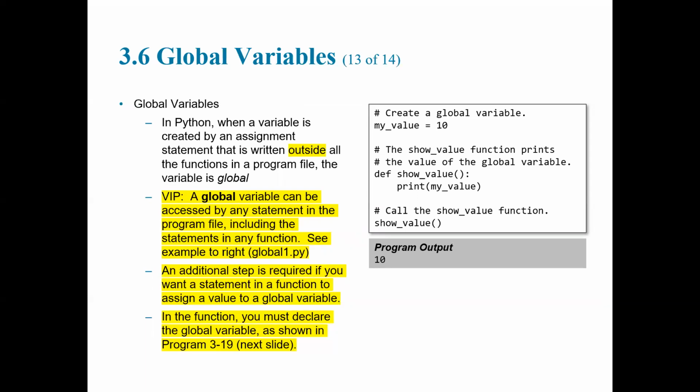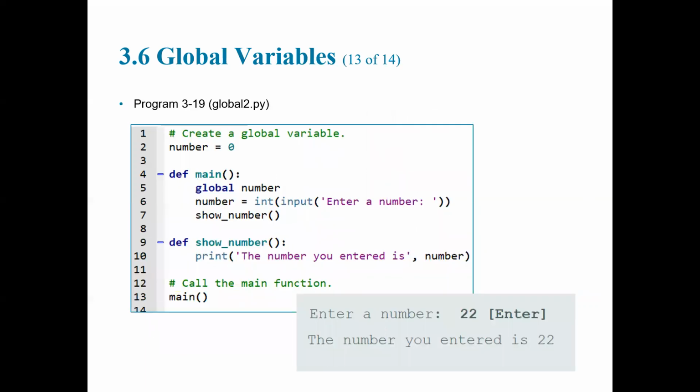The thing to remember here is that an additional step is required if you want a statement in a function to assign a value to a global variable. So what will you have to do on line 5? You'll have to use the keyword global. Let's look at this briefly.